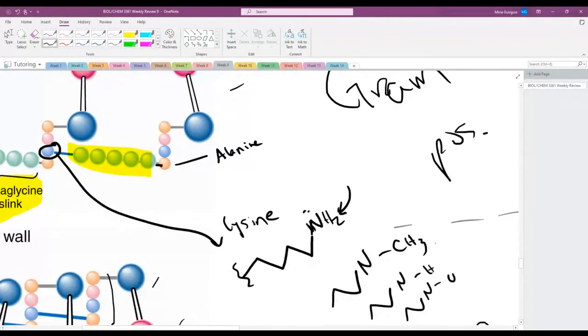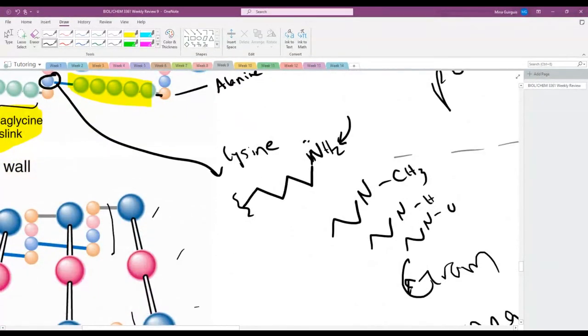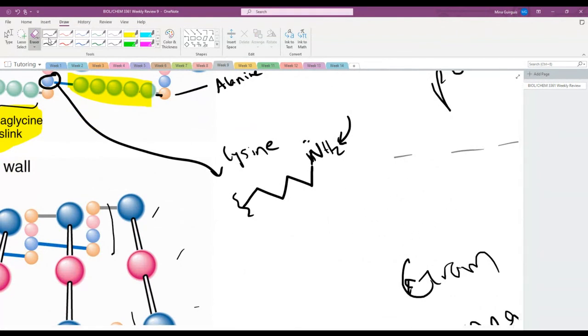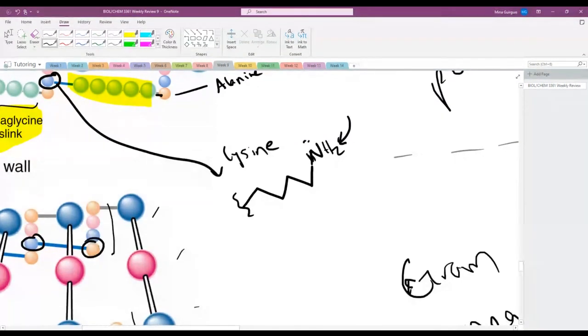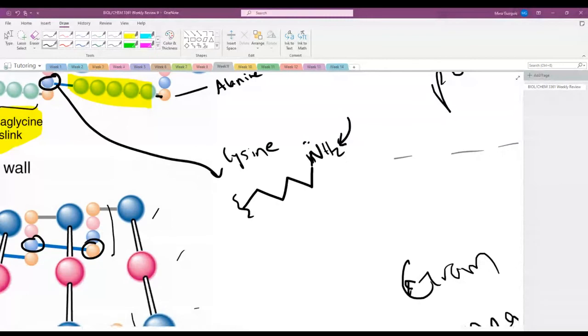I'm not 100% sure, but I believe so. Regardless, that's very off topic. But the point is, that's how it is in gram-negative. There's a direct bond between lysine and alanine to connect the sides of the ladder. That's how I think of it.